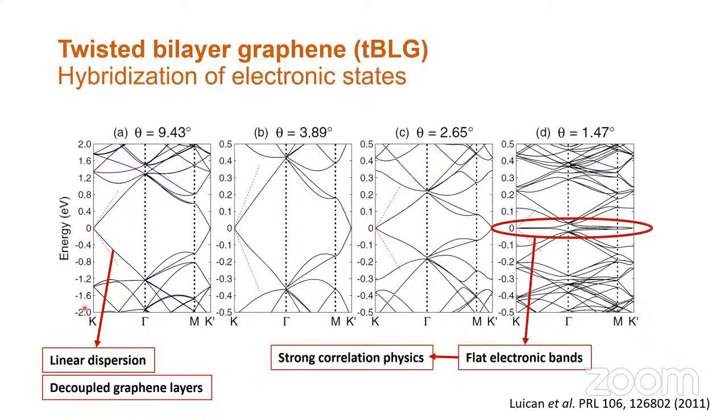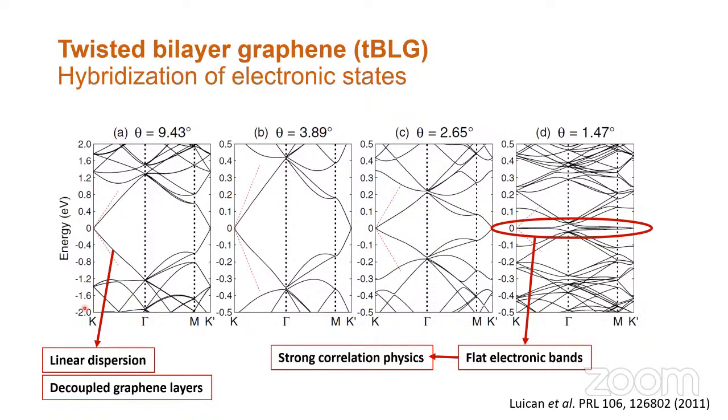Whereas if you go to these lower angles, because of the flatness of the electronic bands, the electron-electron interaction becomes very strong, and there is a growing school of thought that strong correlation physics can be obtained, and that led to various kinds of discoveries in superconductivity, spin-Hall ferromagnetism, and so on and so forth.